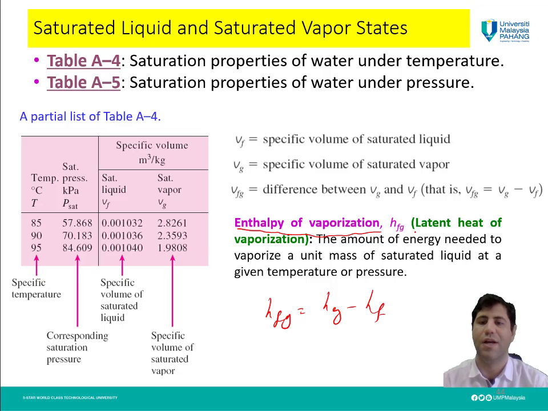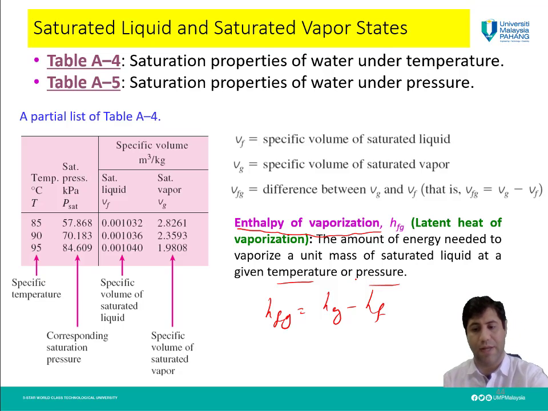We call this the latent heat of vaporization, or enthalpy of vaporization, and it is the amount of energy needed to vaporize a unit mass of saturated liquid at a given temperature in this table, or pressure in table A5.